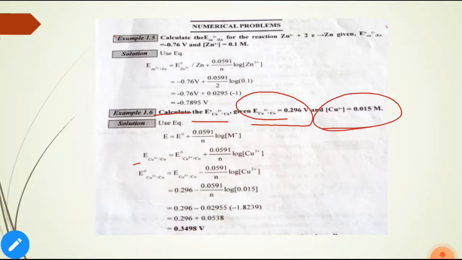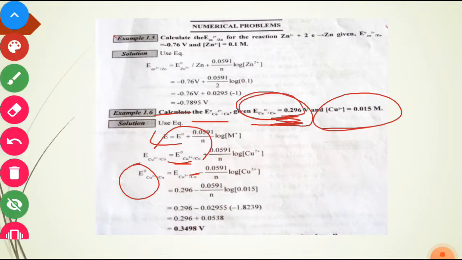Here now we have to calculate the E naught value. That's why we have to transfer all this term this way. It became minus here. Then as it is you have to write 0.0591 divided by n log of Cu2+. Then the E value is given, that is 0.96.